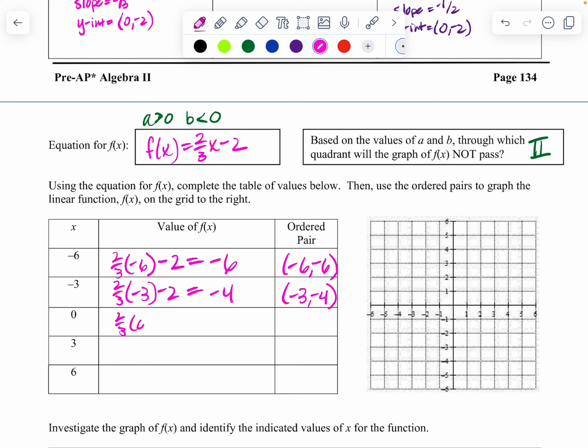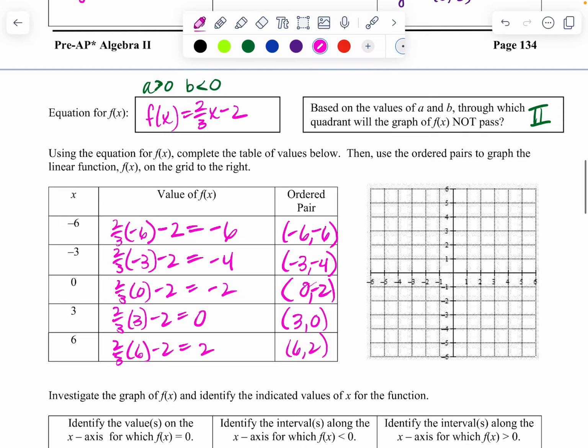Keep going, just plugging in your answers. I'm not going to explain every bit of math. Y'all should be able to figure that out. This is 0. And then we have 2/3 times 6 minus 2. That's 4 minus 2, which is 2.